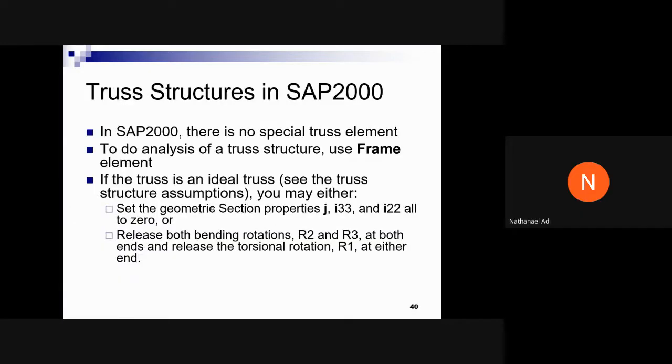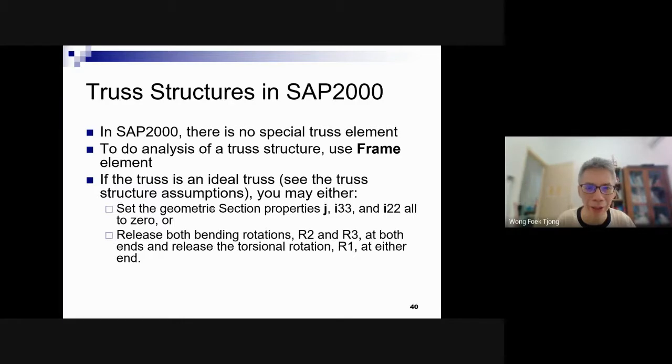Not yet, sir. Okay. If you use SAP 2000, please notice that there is no special element for truss, but you have to use frame, right? And then you should modify the frame. How to modify? Just put the section property J, the torsional constant, and the moment of inertia about the three direction and the two direction, all zero.